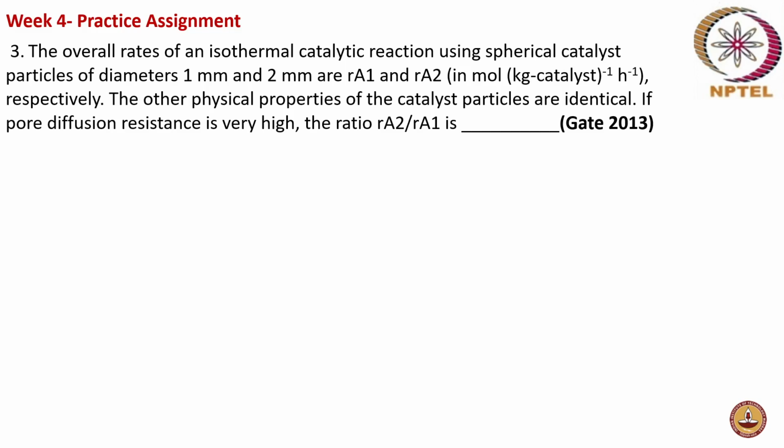If the pore diffusion resistance is very high, then what is the ratio of the reaction rates when the diameter of the particle is 2 mm to the reaction rate when the diameter of the particle is 1 mm? That is, what is the ratio of Ra2 by Ra1. This is again a GATE question which was asked in GATE 2013.